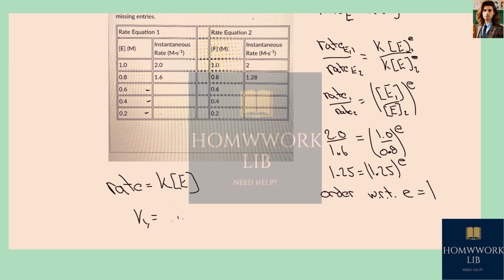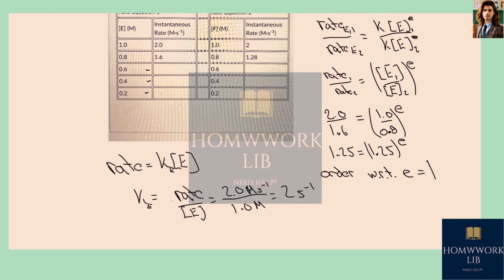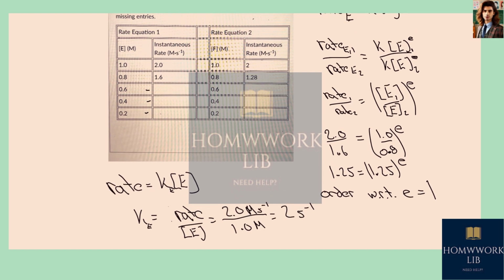Let me call this the rate constant for E, for the experiment E. It would be equal to the instantaneous rate divided by the concentration of E. Let's pick the first experiment because we have the value of 2.0 molar second to the -1 and the concentration of 1.0 molar. This is going to give us a rate constant of 2 seconds to the -1. Thus, the entries are going to be simply multiplying 2 times the value. So 1.2, 0.8, and 0.4.